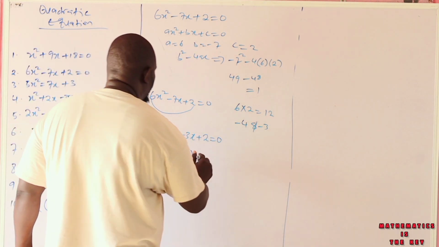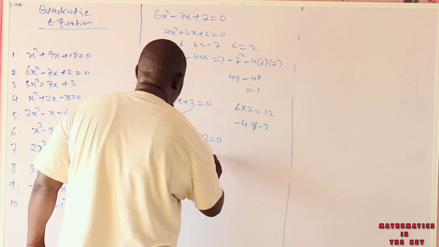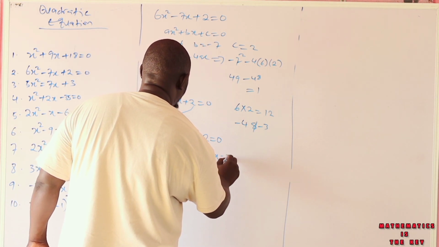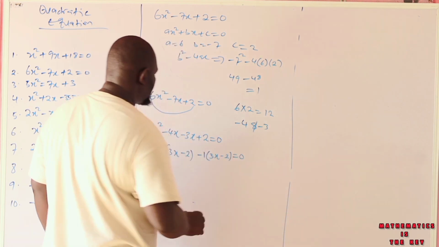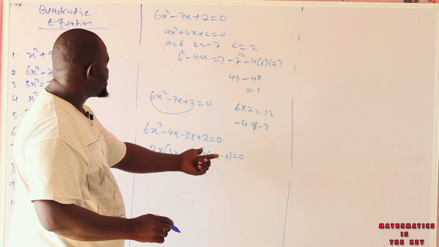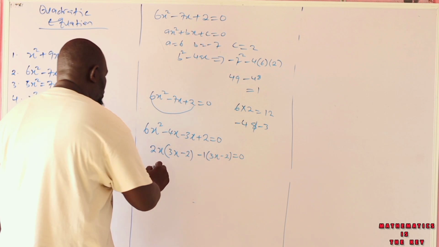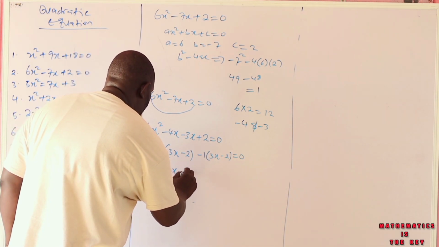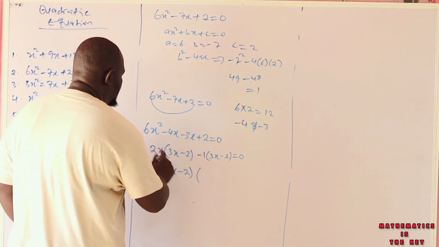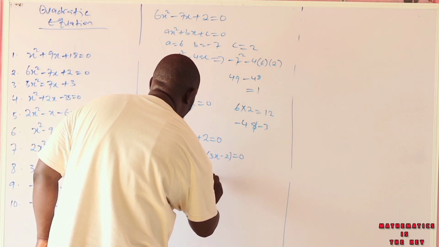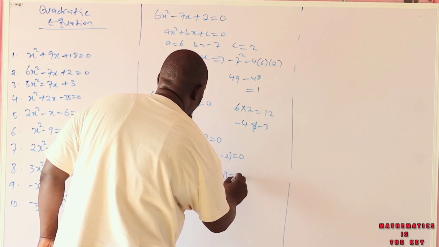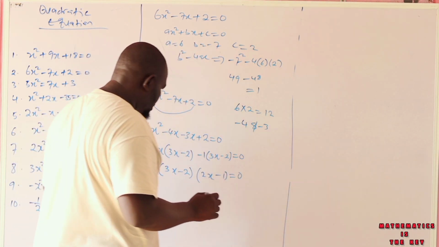On this side, minus 1 is common. Here we'll have 3x minus 2 is equal to 0. On the two terms, 3x minus 2 is common. We factorize it out again. 3x minus 2. On this side, we'll have 2x left. On this side, we have minus 1 is equal to 0.